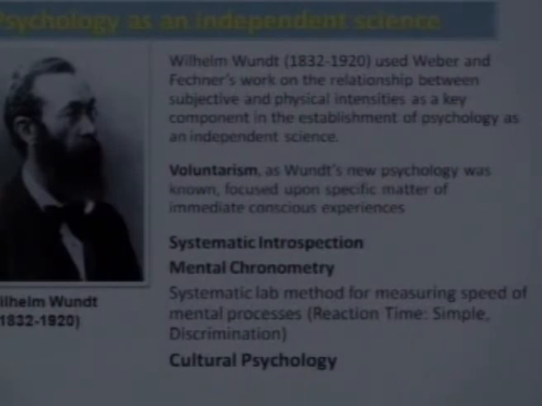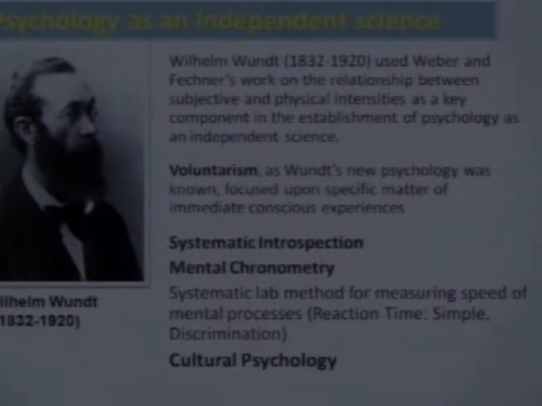His interests were for immediate conscious experience. What is immediate conscious experience? Like tasting an apple. Wundt would study how it feels to taste an apple rather than imagining about the taste of an apple. So he started to find out when a person is given a certain experience, how he felt.